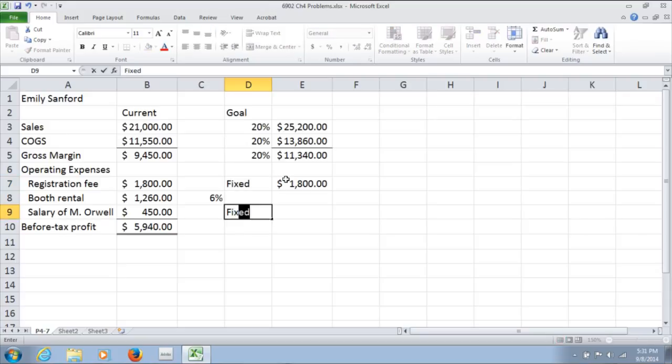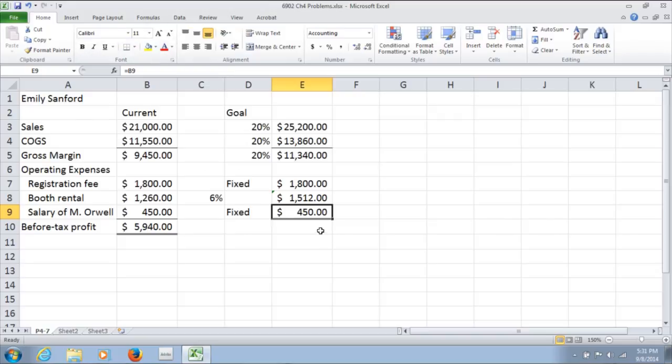Similarly, her assistant's pay is a fixed cost as well. The problem is not indicating that this was a percentage of sales at all. So both of these are fixed costs. So only the booth rental of the operating expenses will also increase by 20%, or in other words, we would take 6% of the 25,200, so that we see that this is a different number here.